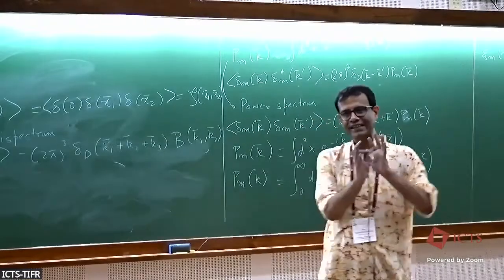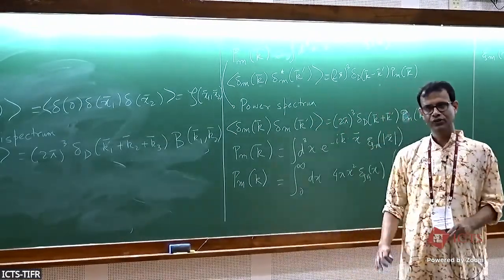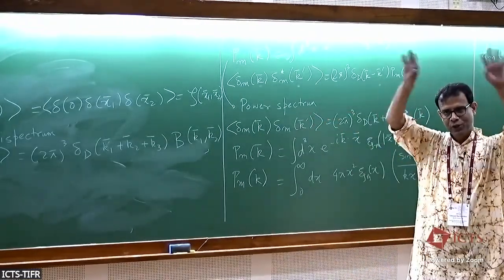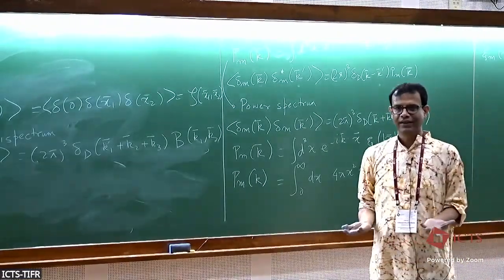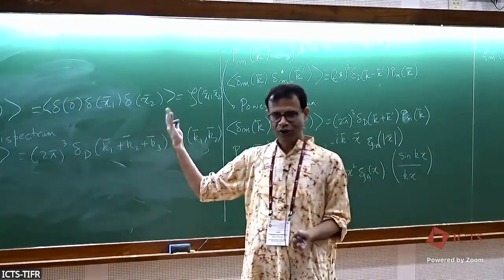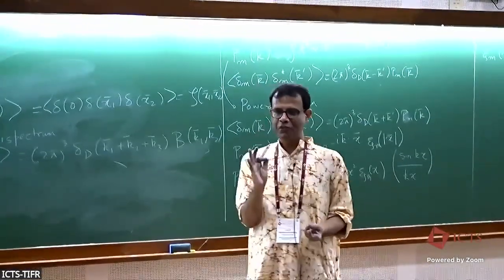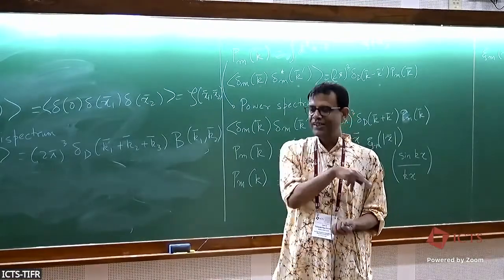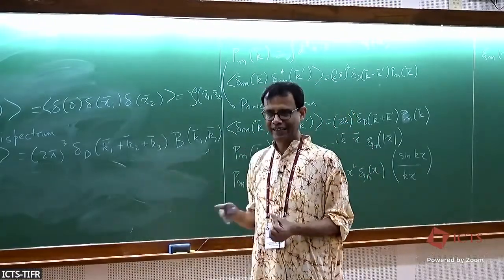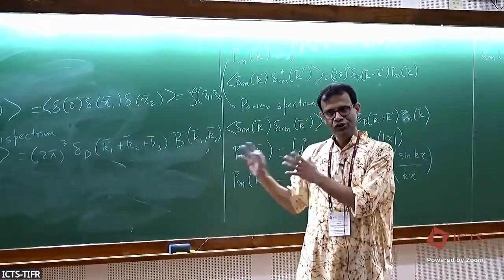So that is another approach you can take. There are various ways of doing statistics of these fields, but the 2-point correlation function and its Fourier transform are the most studied and understood. There is one more reason which will become clear in the next class, and it's also the easiest to measure.